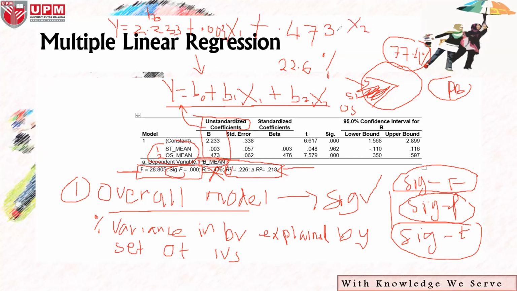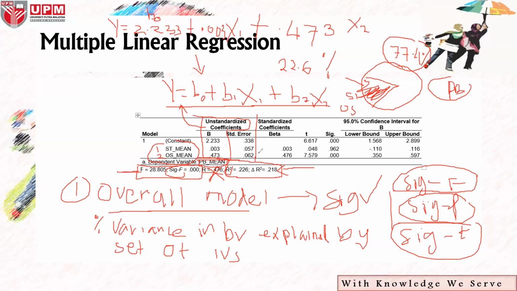So this is our equation. Okay, base kita ambil to develop our regression equation for our model. So we just plug in the value from the unstandardized beta coefficient into our equation. Okay, then done. Okay, settle.